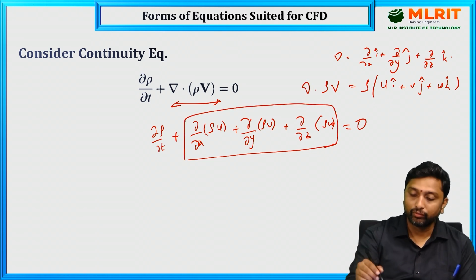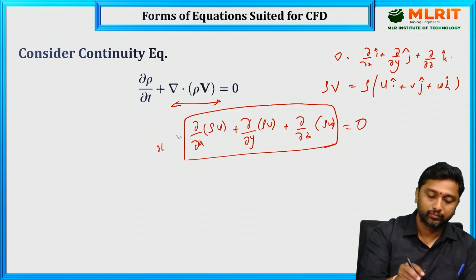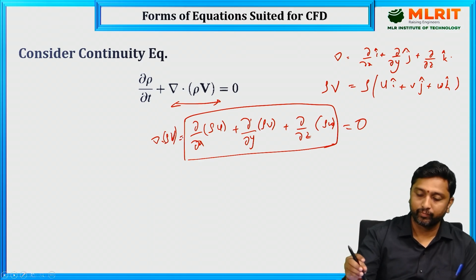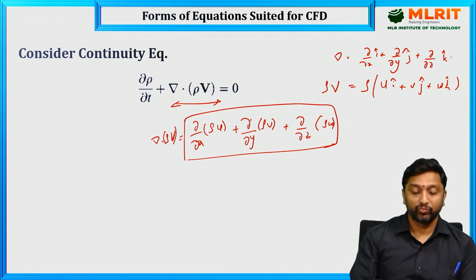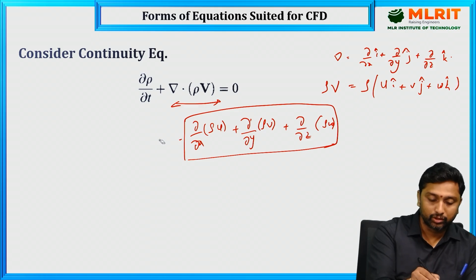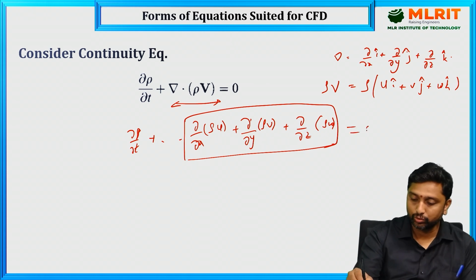Divergence of rho v can be written as this. So ultimately your equation will be reduced to dou rho by dou t plus this equals 0.